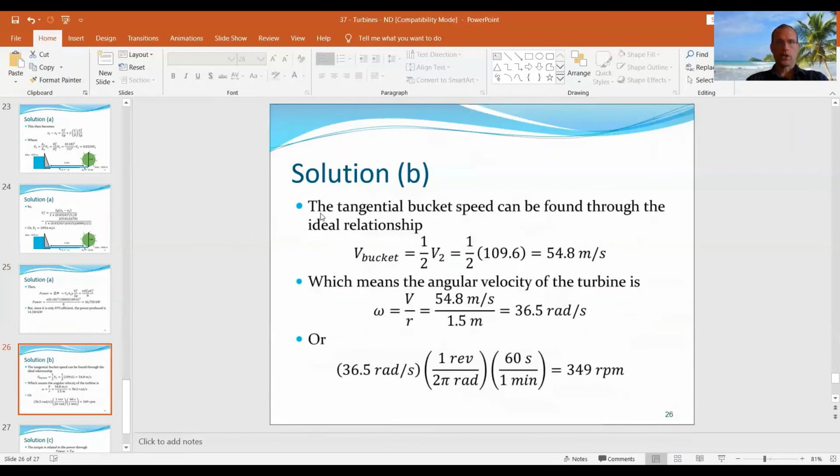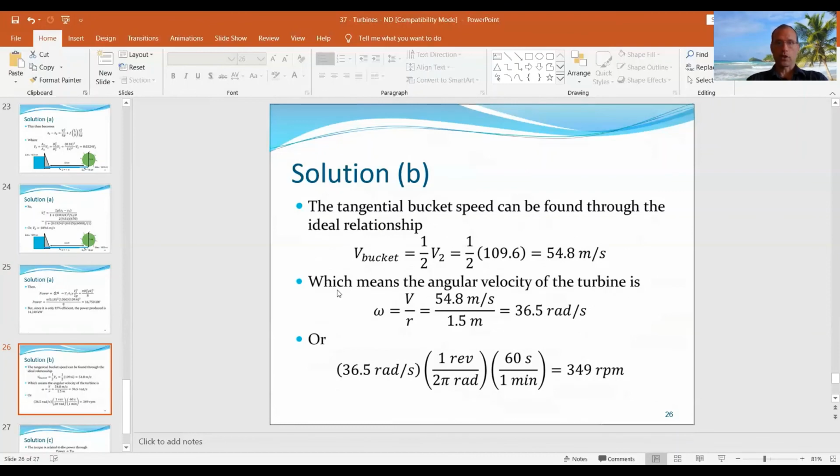Part B, I want the tangential bucket speed. I know that we have the ideal conditions. So for ideal conditions, the bucket speed is 1/2 of my jet velocity, V2. So 1/2 of 109.6 meters per second is 54.8 meters per second as the tangential velocity of the bucket.